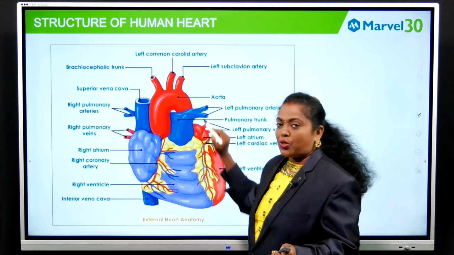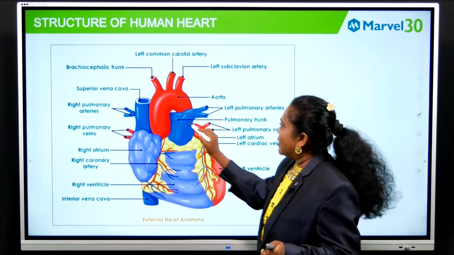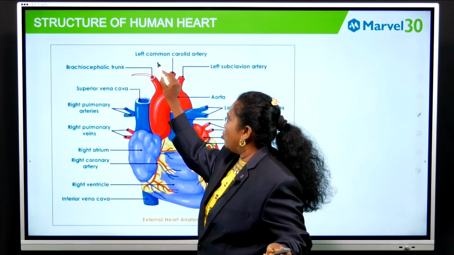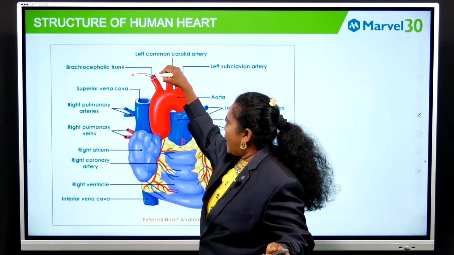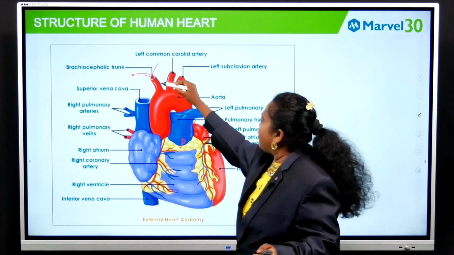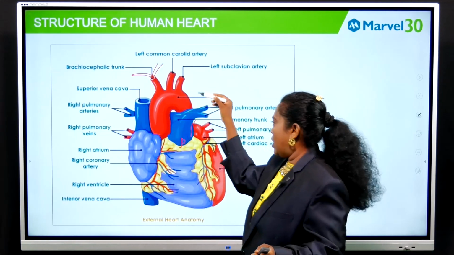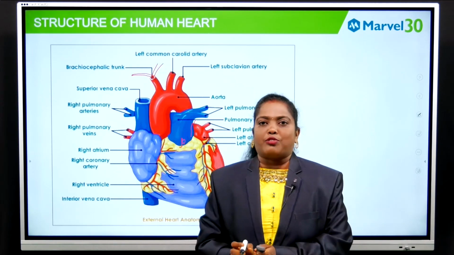This will supply the head and this will supply the arms. And this brachiocephalic trunk will again divide into two: right common carotid artery and right subclavian artery. So this aorta will supply the blood to the entire part of the body.